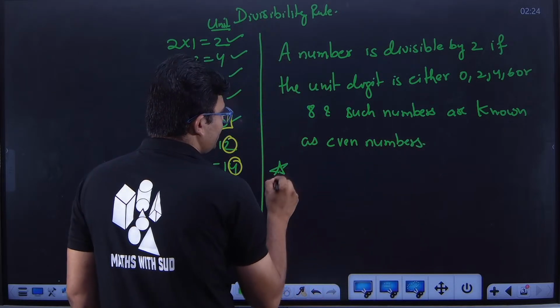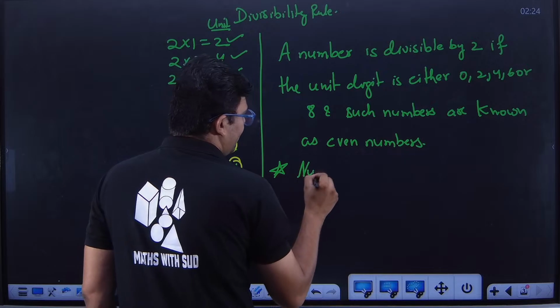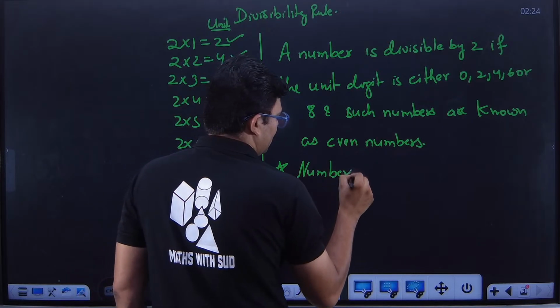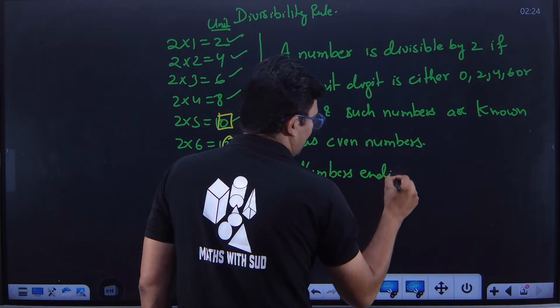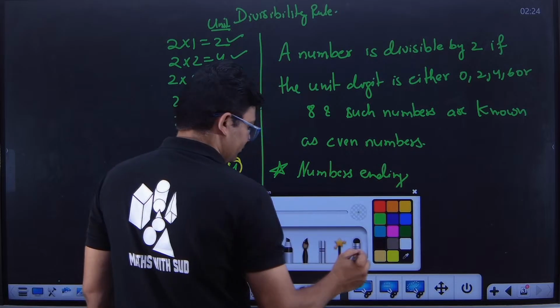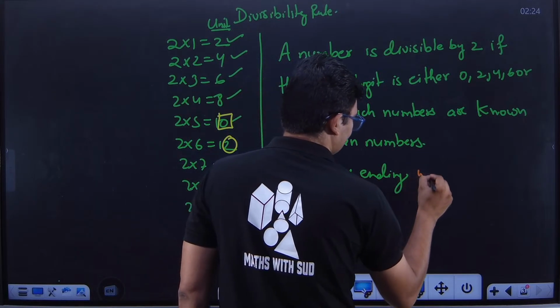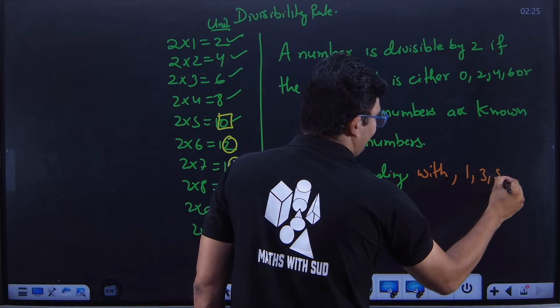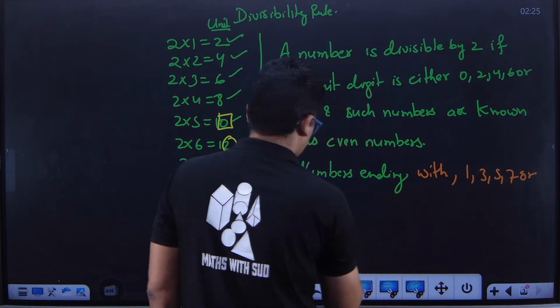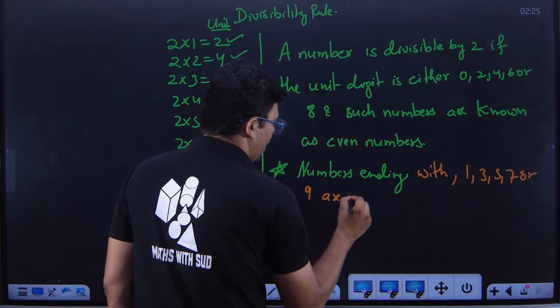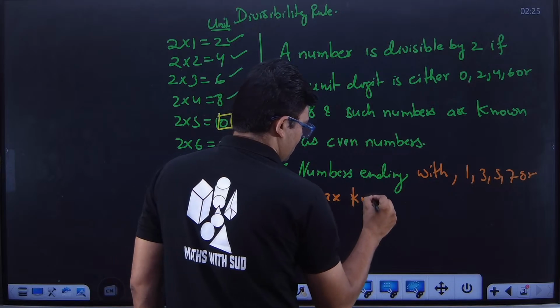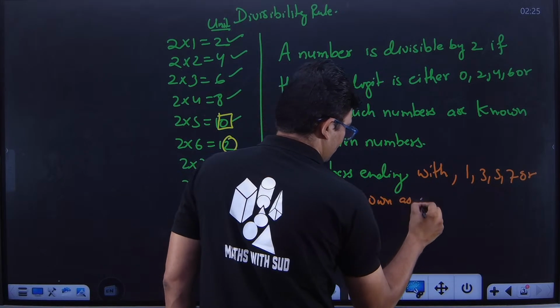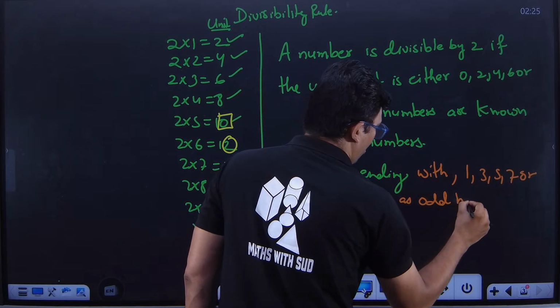We can also say numbers ending with 1, 3, 5, 7 or 9 are known as odd numbers.